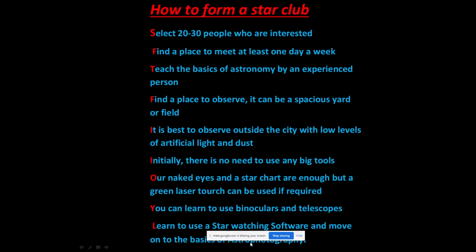I can show you certain sky watching software: Stellarium or Redshift or Celestia, etc. But a very important point: you all have a mobile phone. This mobile phone has so many star watching apps. They are not useful.